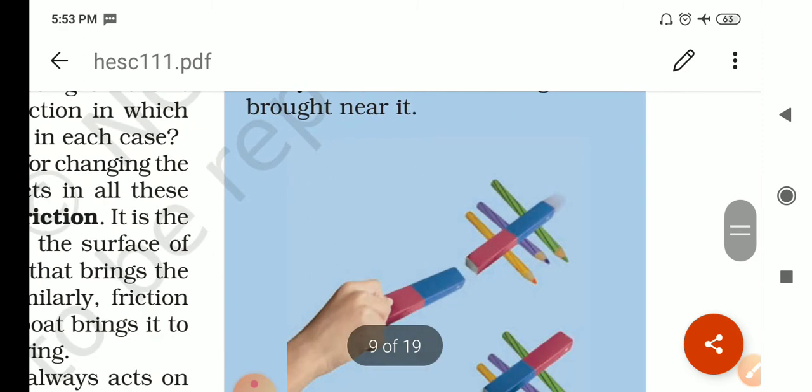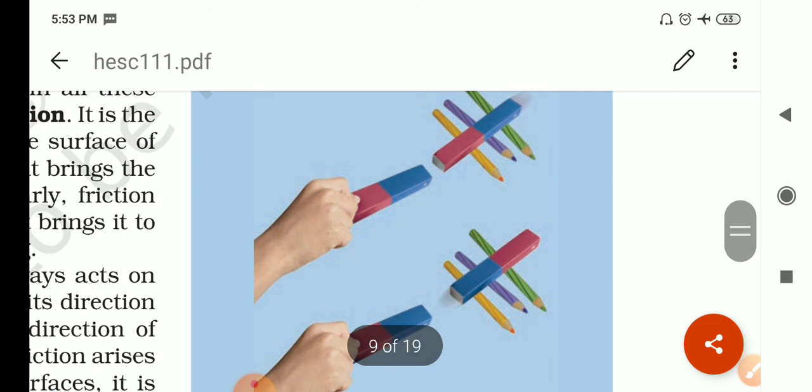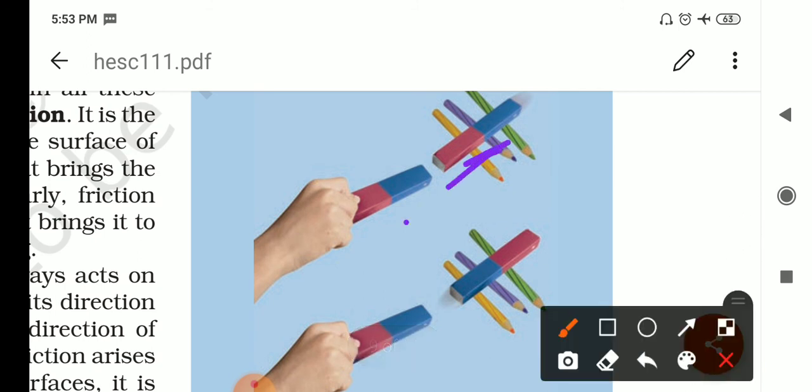Now see, in the first case, we can see opposite poles are coming towards each other. This one may be the north pole, and this is the south pole. Now in this condition, both will attract each other, both magnets will come to each other.